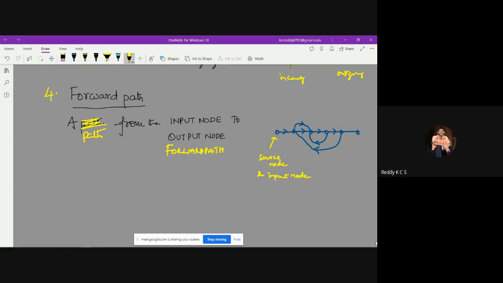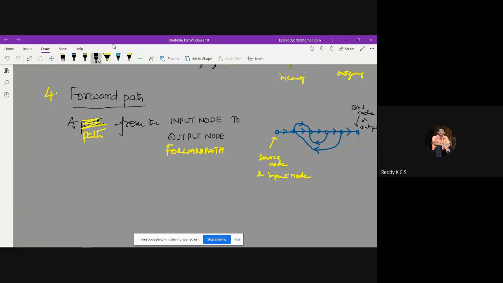We can call it an input node also. And the last one, which has only incoming branches, is called a sink node, or output.